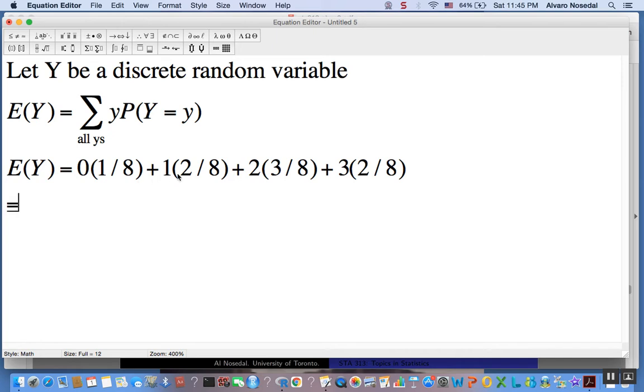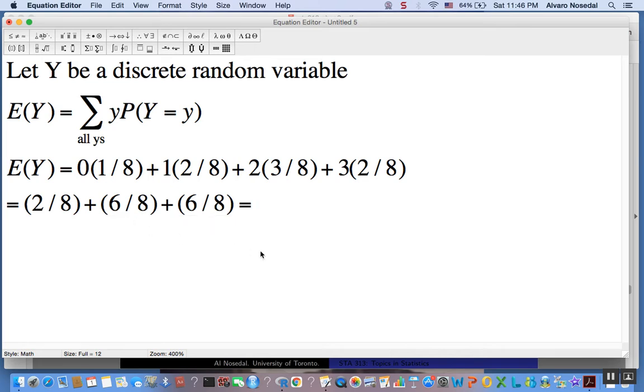So what we would have here is 2 over 8 plus 6 over 8, plus another 6 over 8.